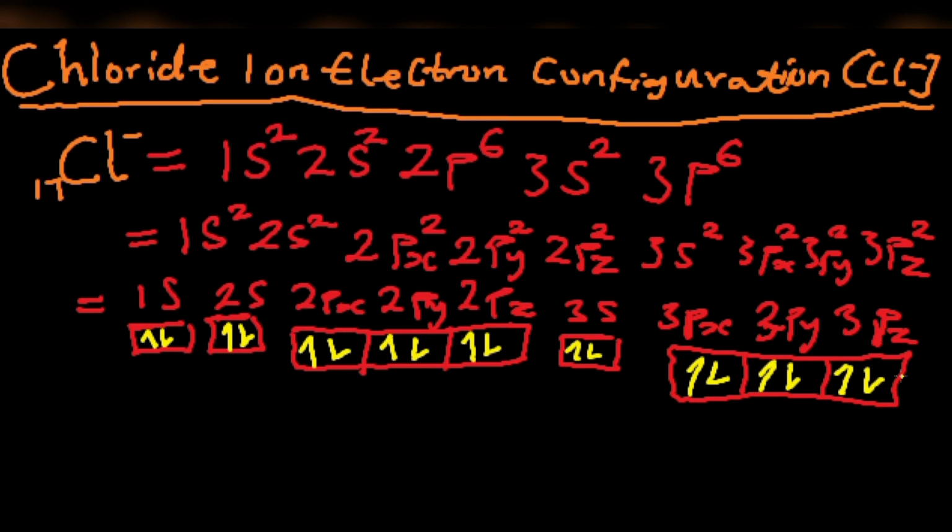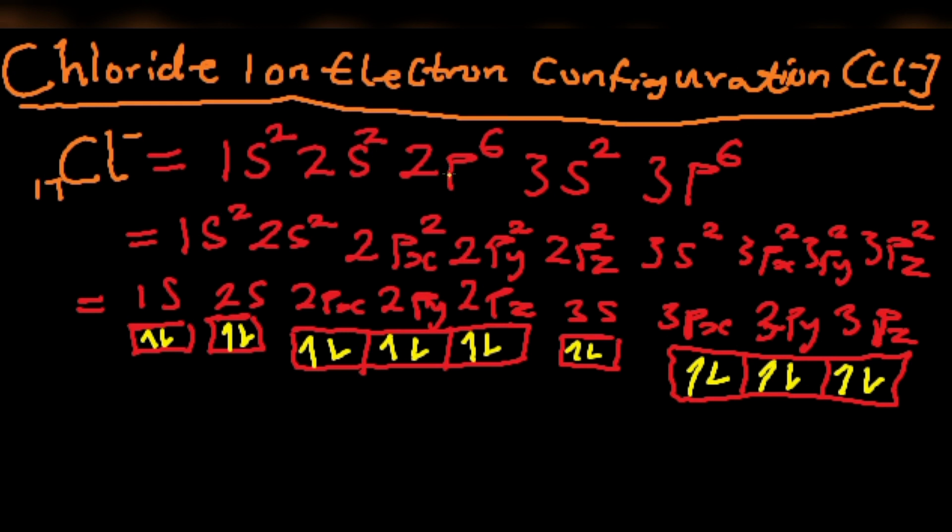So if we are using neon core, it means that neon will occupy the first 10 electrons, that is the inner electron configuration, leaving the outer electron configuration. If we are using argon core for a specific atom, then the argon is going to occupy the inner configuration of that atom, leaving only the valence configuration.